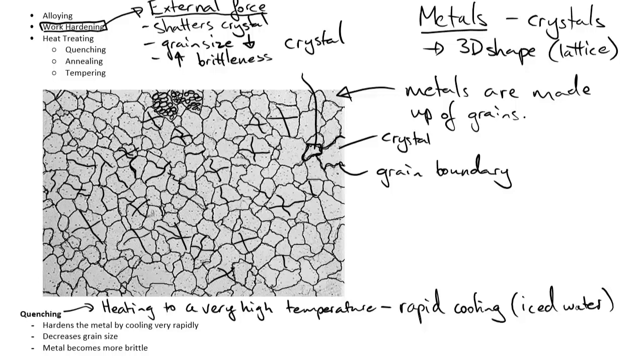So the metal isn't easy to bend anymore because there's so much resistance from all the little grains that it basically only hardens the metal. So the metal, in the process of quenching, becomes hard.